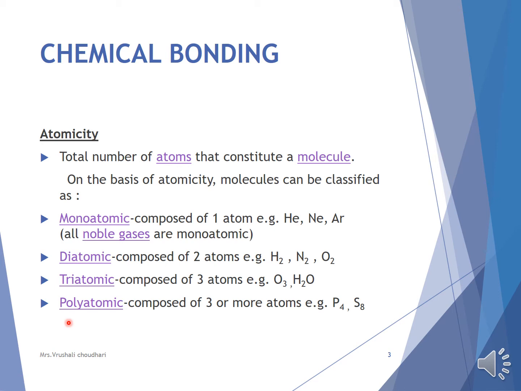Polyatomic consists of more than three atoms altogether: P4, S8, sugar molecules, petroleum, polymers are called polyatomic, where the number of component atoms is higher.